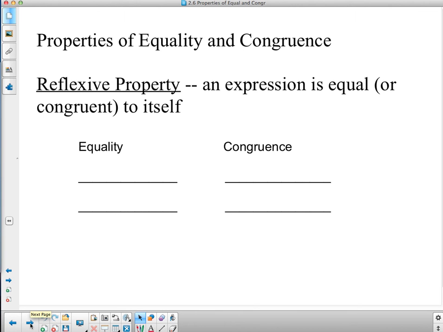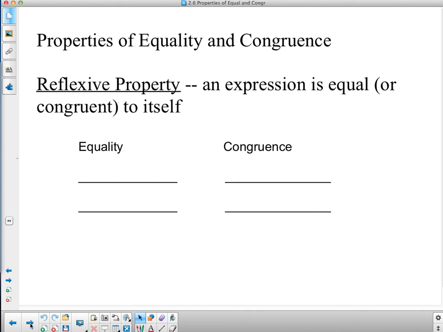There are 3 properties mentioned here on the front side, and then there are 5 other ones on the back. The reflexive property is the first property to talk about. The reflexive property is just an expression that is equal, or we could say congruent, to itself, depending on whether it's in congruence or equality.